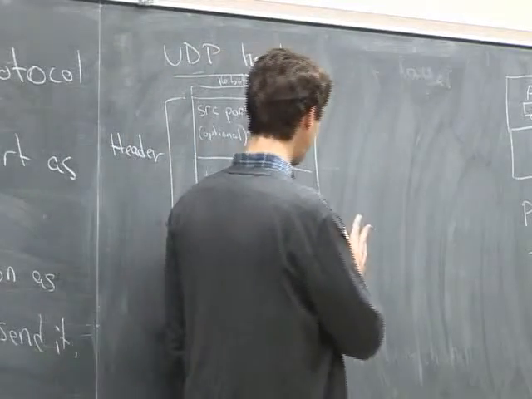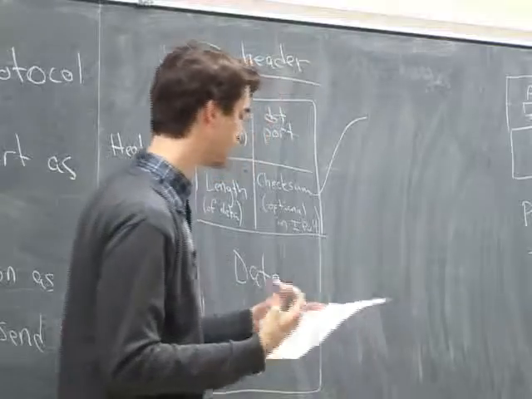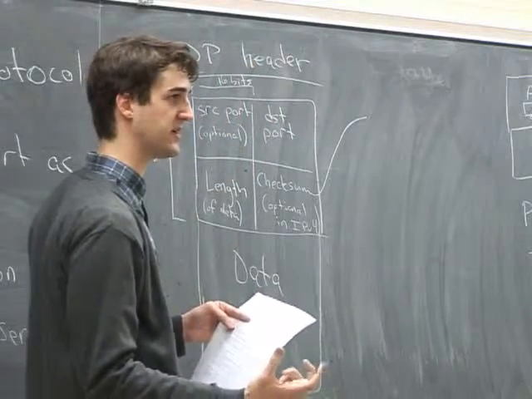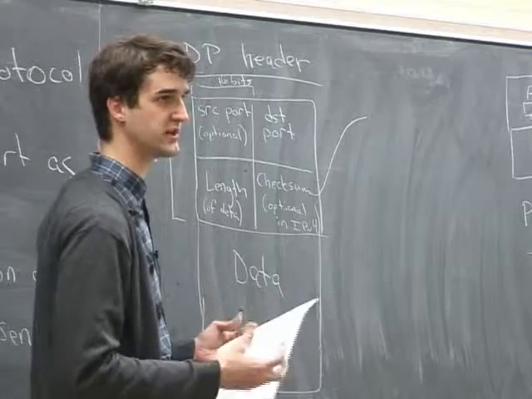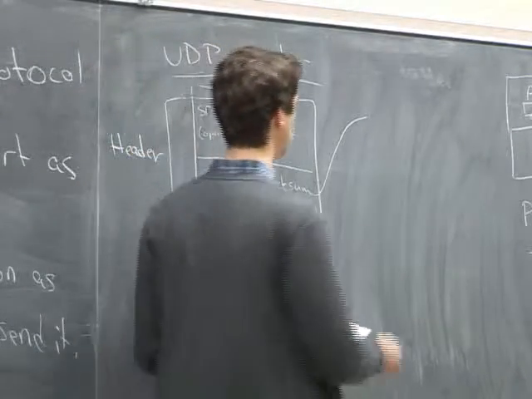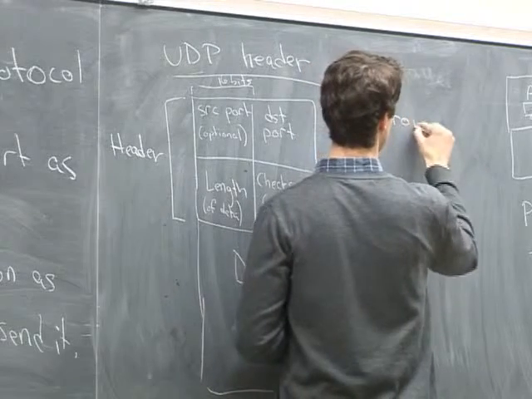And now what a checksum does is it adds a few extra bits onto the packet to be able to detect if it was corrupted or changed during transmission. All right, so this is error detection.